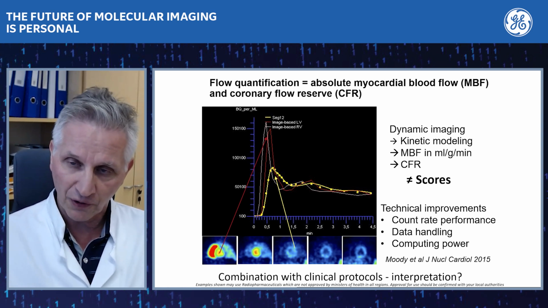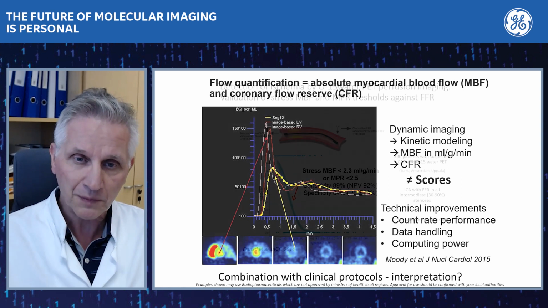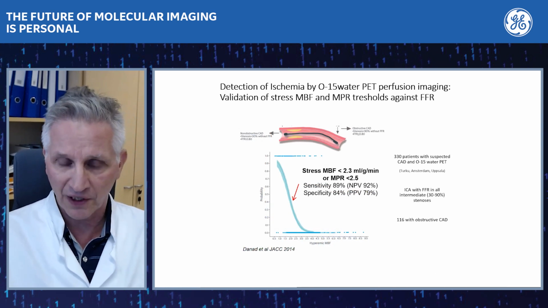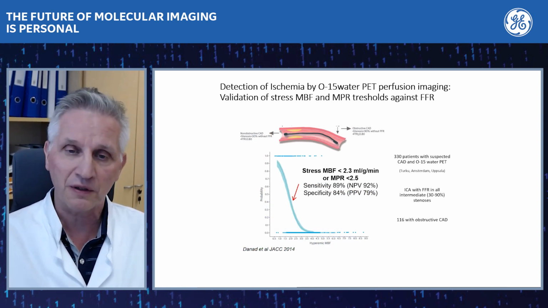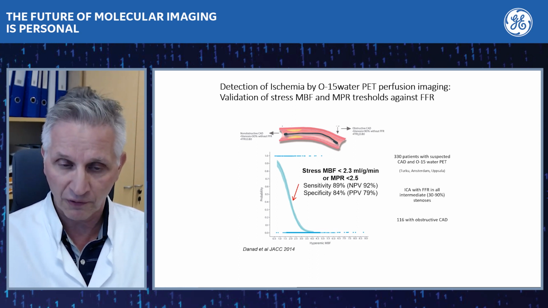One of the questions, of course, is when you do the quantification, how do you interpret the findings? Luckily, we now have an increasing amount of information about how to read the absolute values of flow.